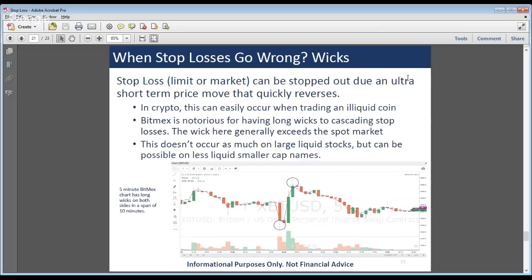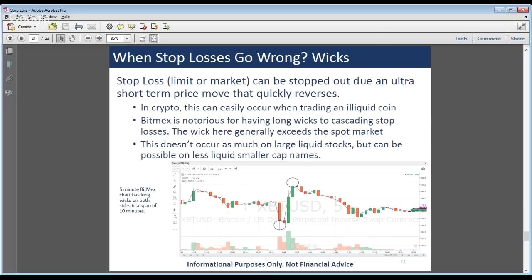Then you have the wick problem, where stop losses can go wrong. So as we all know, wicks are short-term, high volatility movements that move price in an extreme direction and then quickly reverse. In crypto, this happens all the time. It can be with an illiquid coin. Somebody just blasts a huge market order.